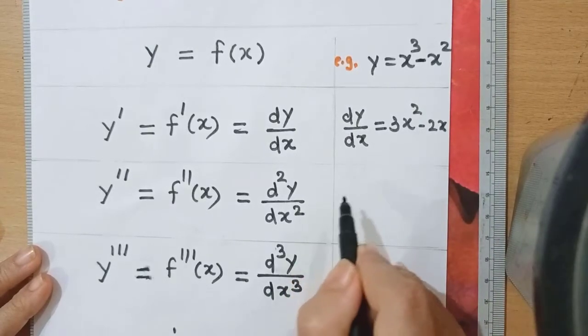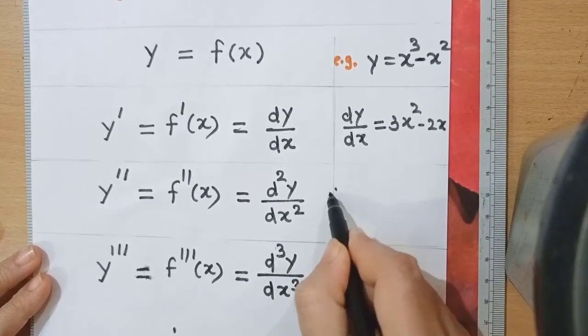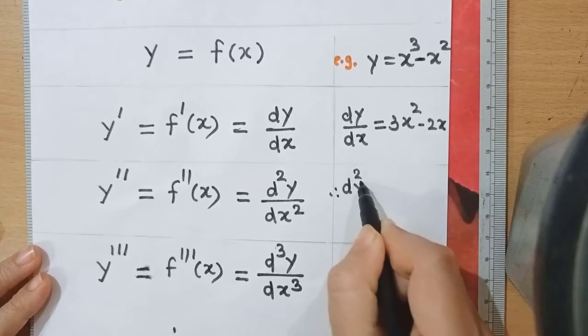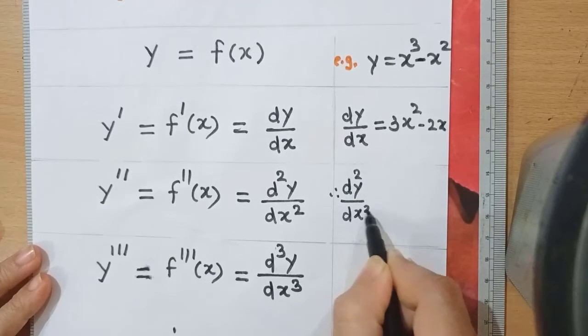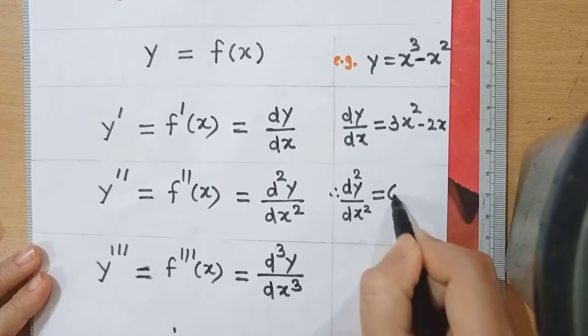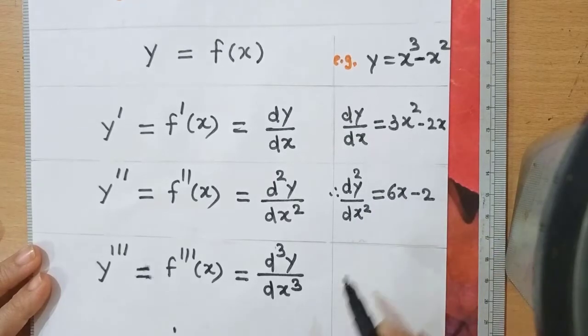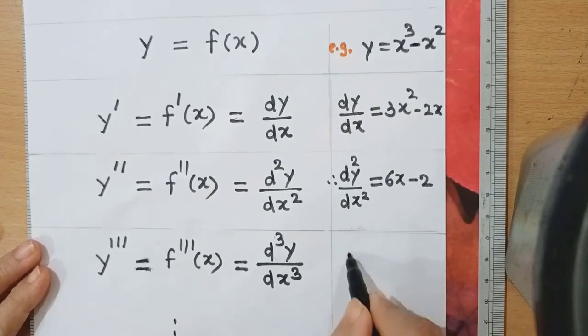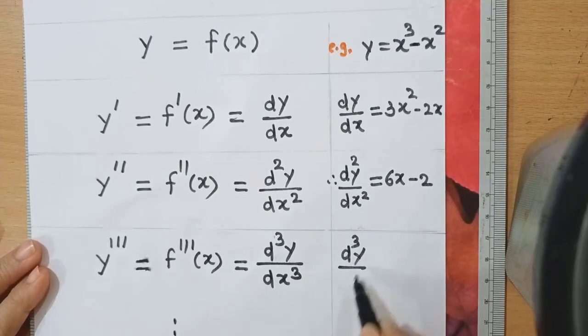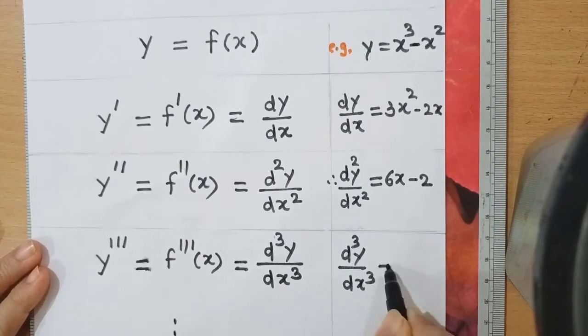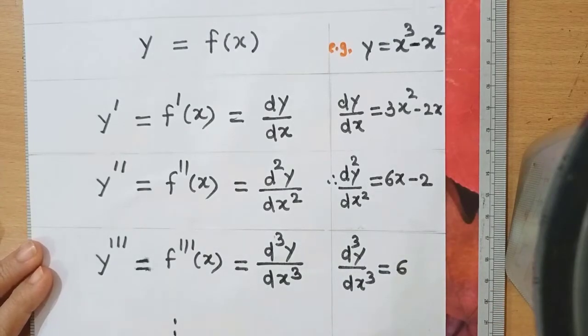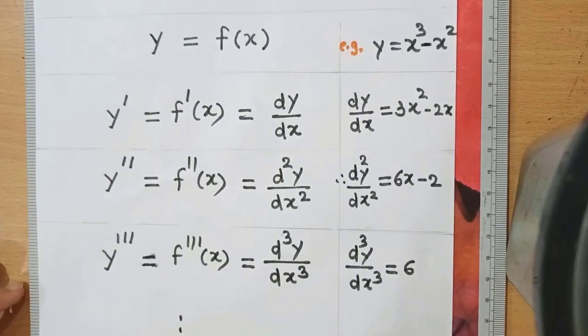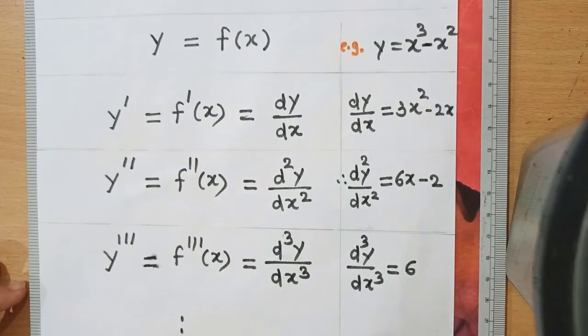Again differentiating this function, d square y by dx square is equal to 6x minus 2. Again differentiating, d cube y by dx cube is equal to 6. These are called higher order derivatives, and in the same way we solve examples.